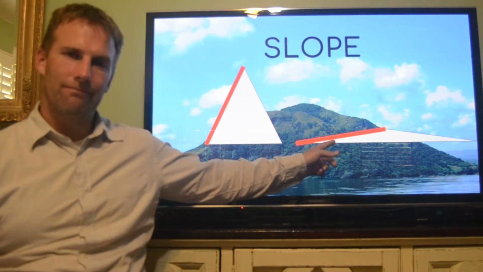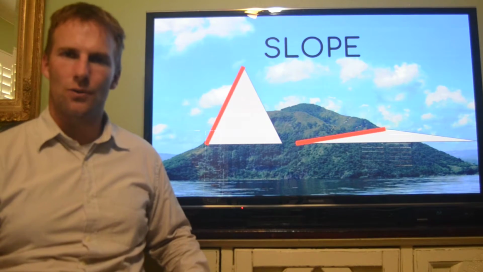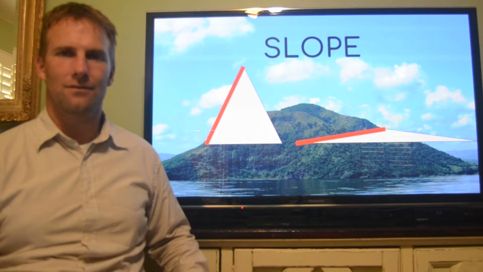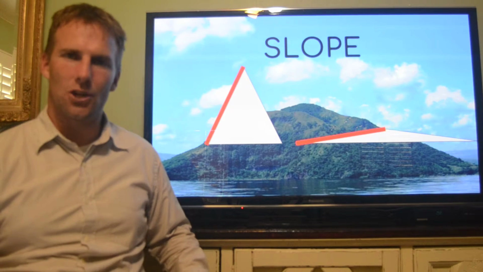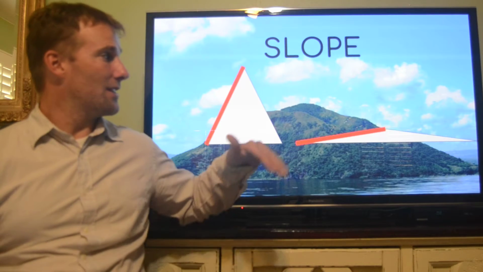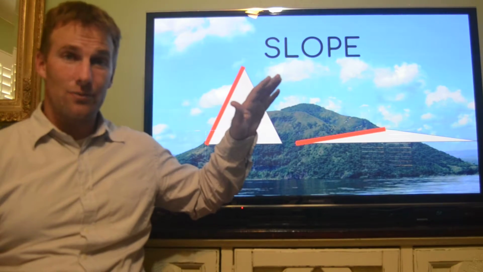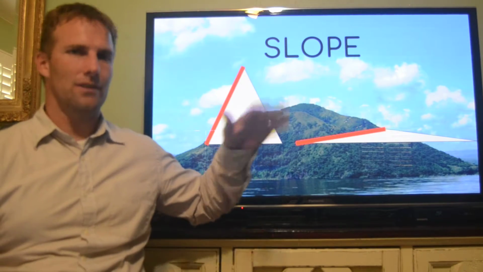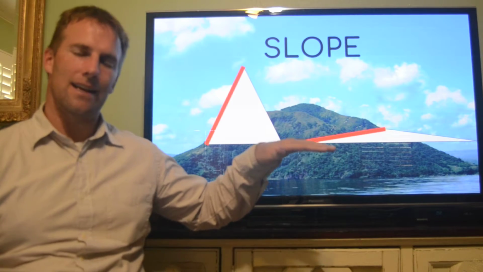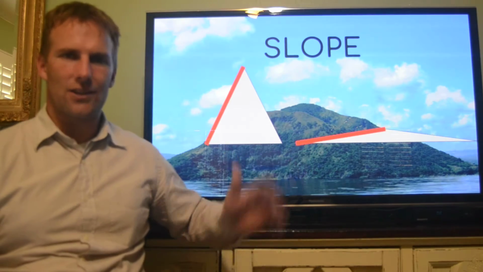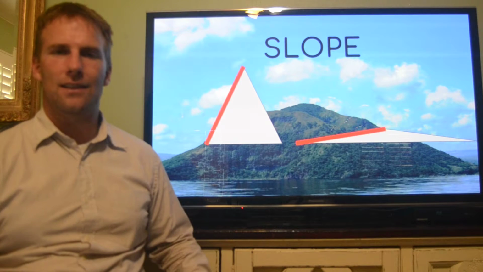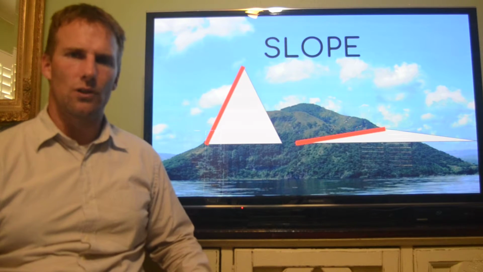What about this one? Does it have a higher or lower slope than the original? Good, it has a lower slope. And so when you say something is more steep, that means it has a higher slope. When something is less steep, it has a lower slope. And that's the connection. They're not exactly the same word, but they have pretty similar meanings.